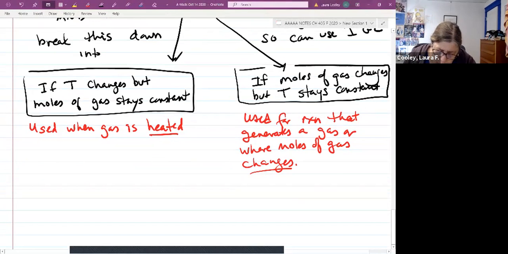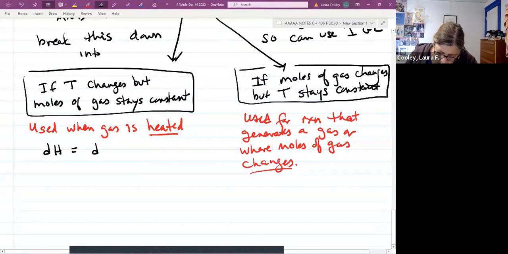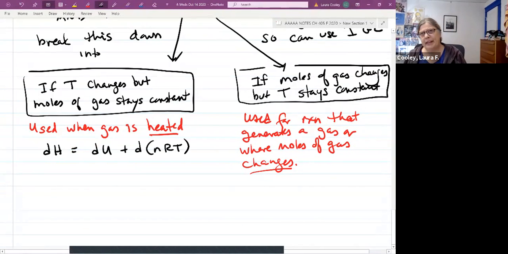And so for both of these, we start in the same place. dH is dU plus d(nRT). And now, what if T changes, but moles is a constant? Well, then moles is constant, R is of course constant, and we get to take these in front of the derivative. So we end up with nR dT.